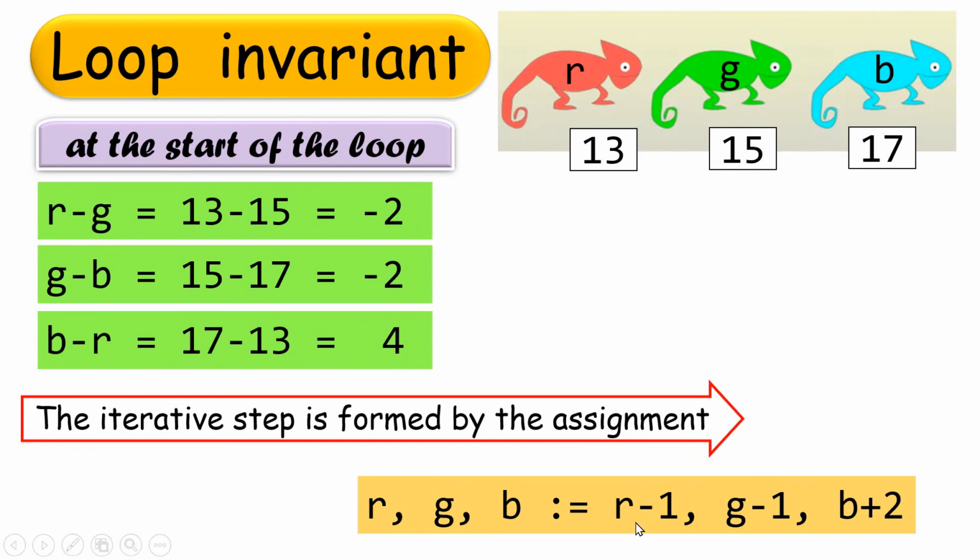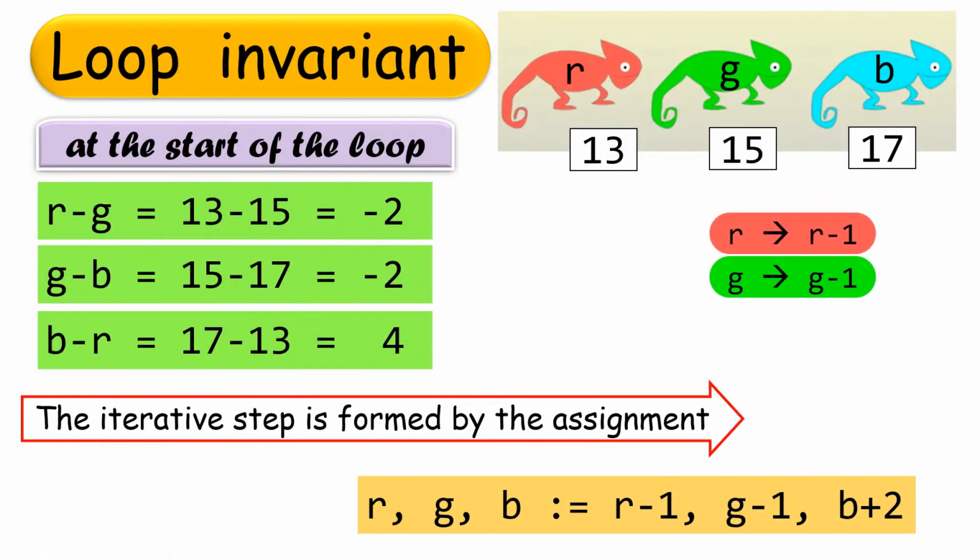This is because when one red chameleon and one green chameleon meet, they both change to blue color. Hence, R is reduced by 1, G is reduced by 1 and B is incremented by 2. R becomes R minus 1, G becomes G minus 1 and B becomes B plus 2.